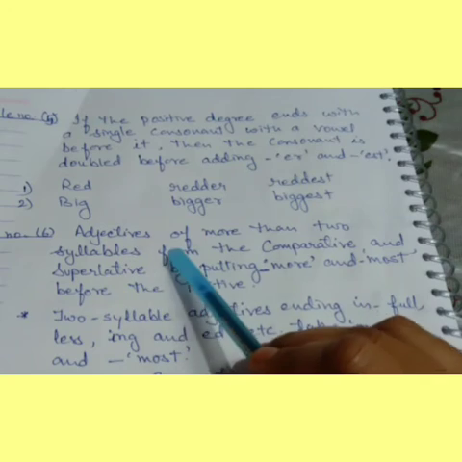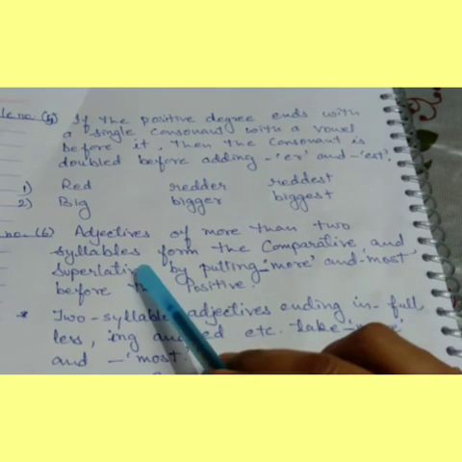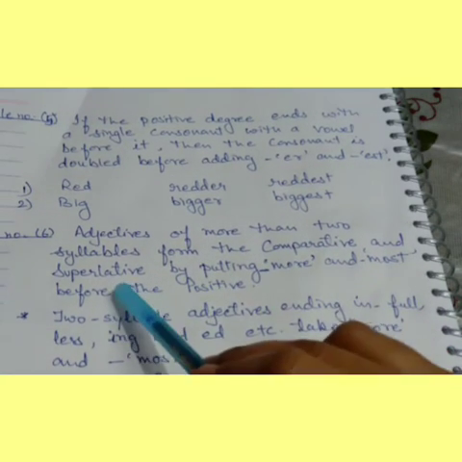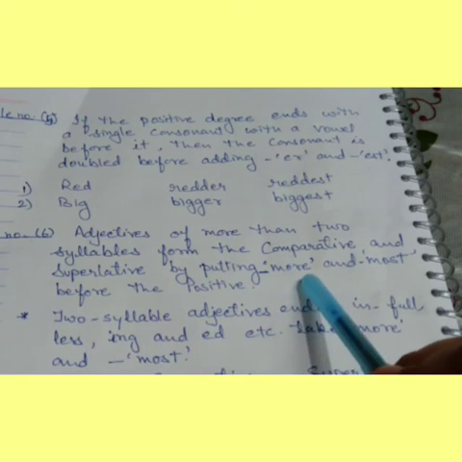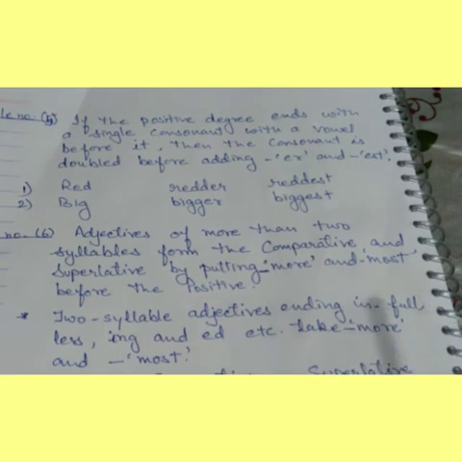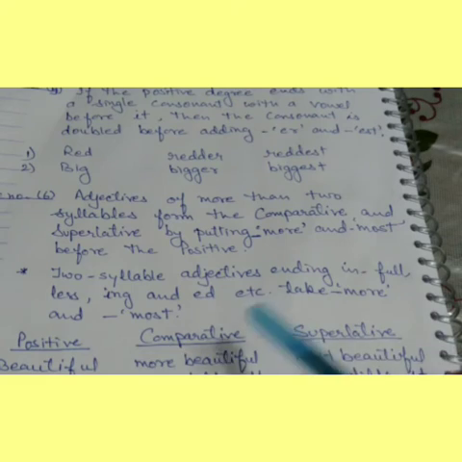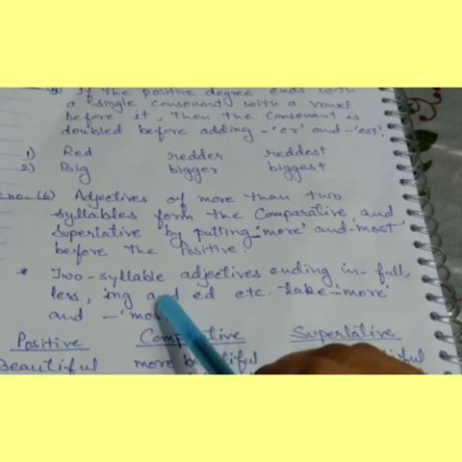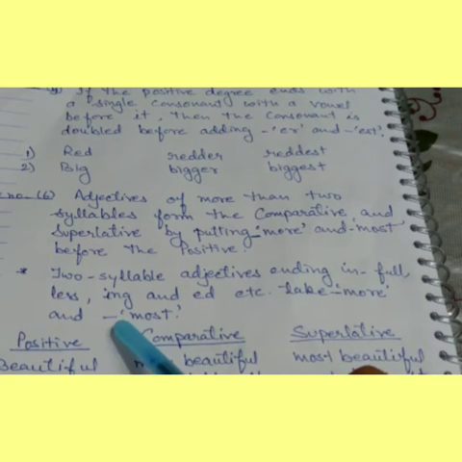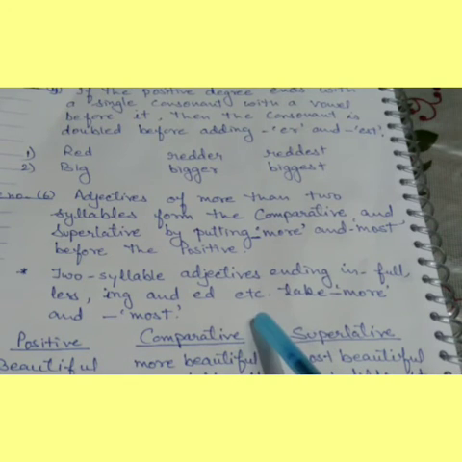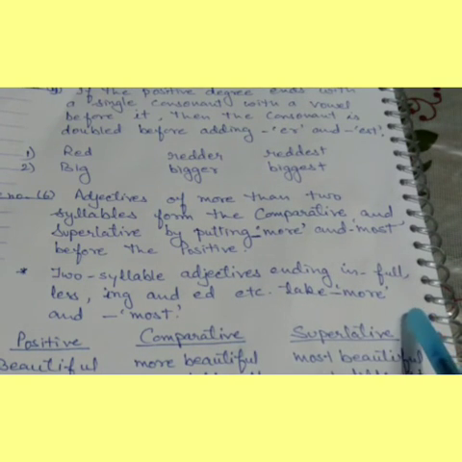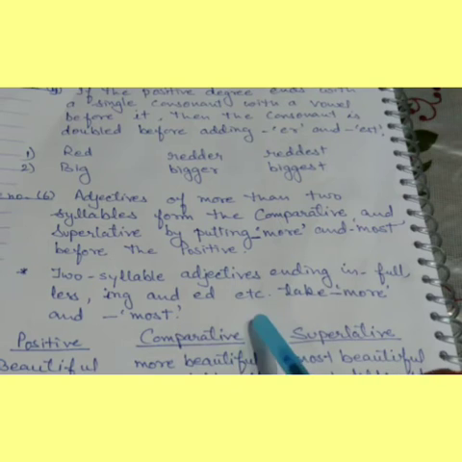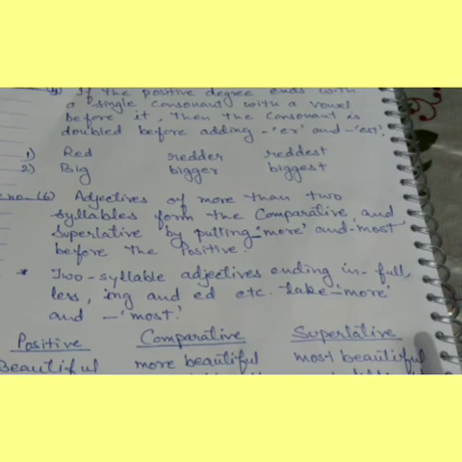Rule number 6. Adjectives of more than 2 syllables form the comparative and superlative by putting more and most before the positive. Here you see when 2 syllable adjectives ending in full, less, ing and ed, etc., take more and most to form comparative and superlative. For example, beautiful.